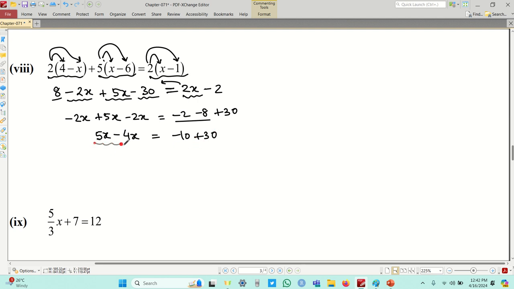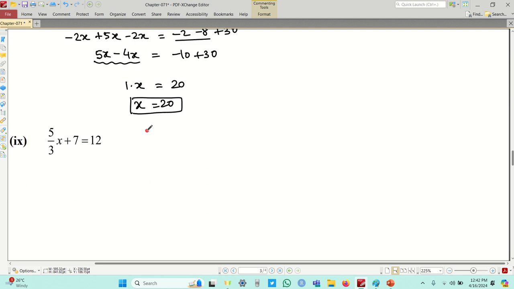Now 5x minus 4x: 5 minus 4 is 1. 1 into x is equal to 30 minus 10. It is 20. 1 into x is x. So what is the answer of this question? The answer of this question is x is equal to 20. So this is how we solve the question.